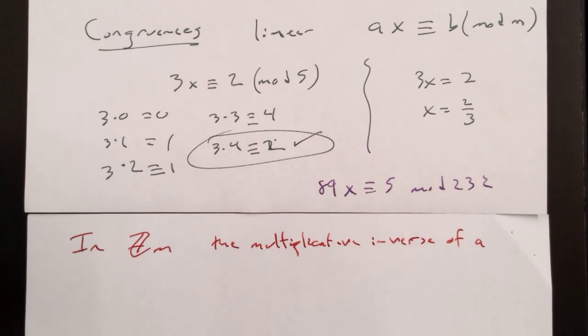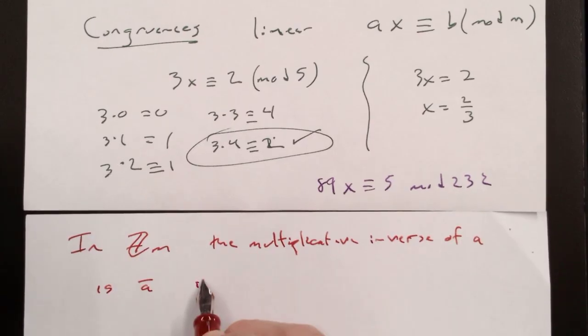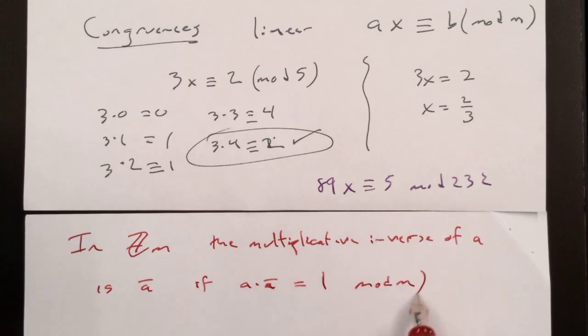I'm going to call the multiplicative inverse of a another integer. I'll call it a with a bar on it. If a times a bar is equal to 1 mod m. Well, I should use congruent here.